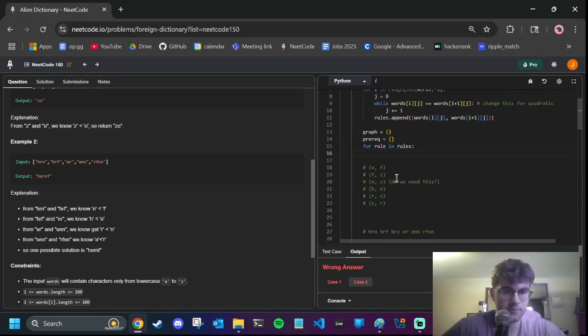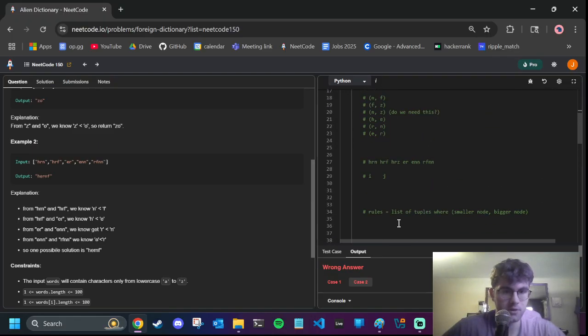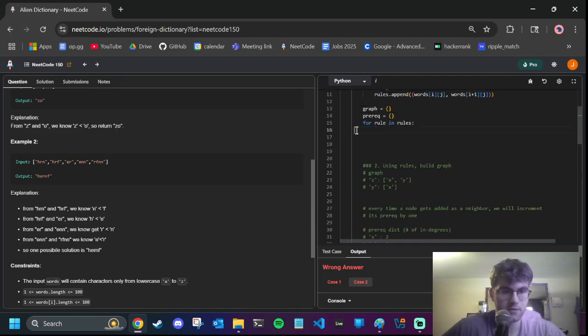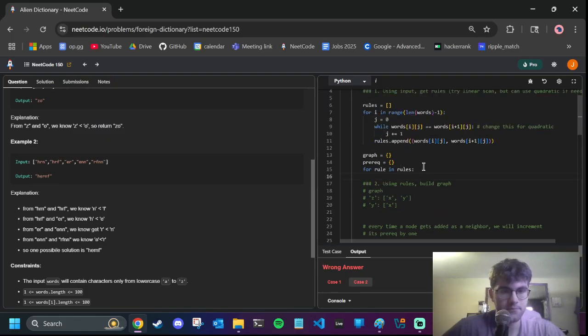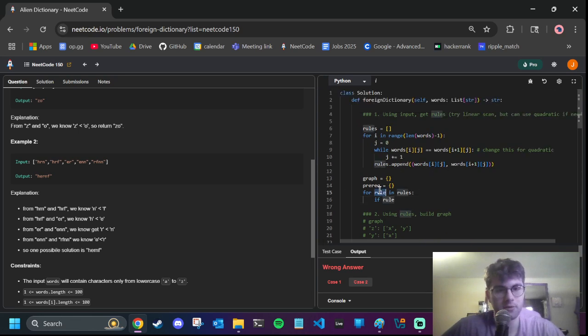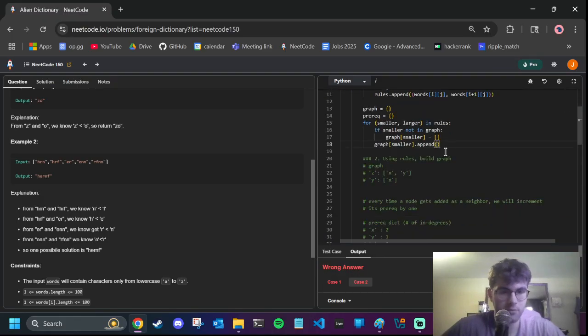what do we want to do? Let me get rid of this. So what is rule? It's a tuple. So let's say smaller, larger. If smaller not in graph, then we'll say graph of smaller equals empty list, and then graph of smaller dot append larger.